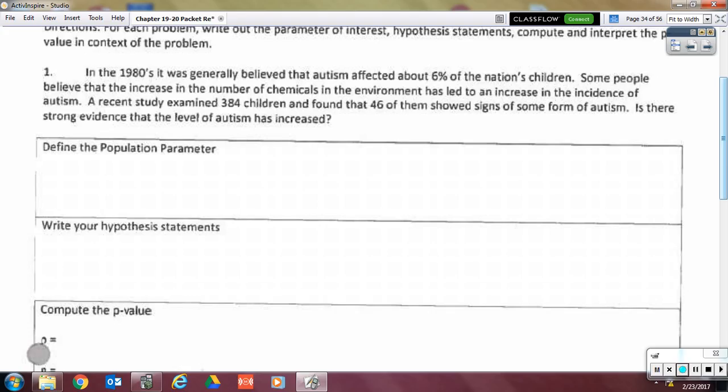All right. So what is the parameter? What is this problem about? P equals proportion. Okay, good.